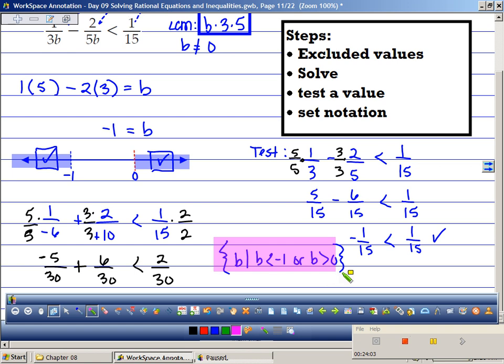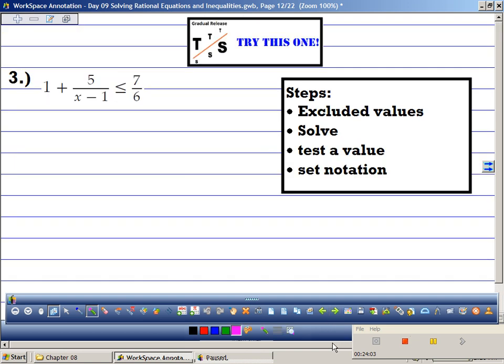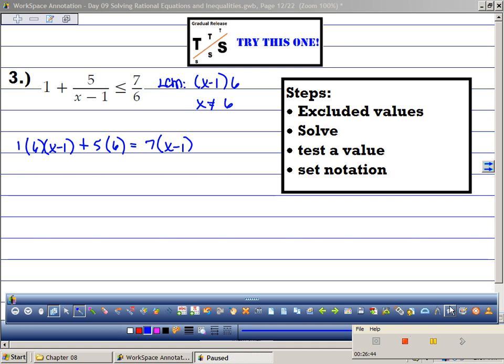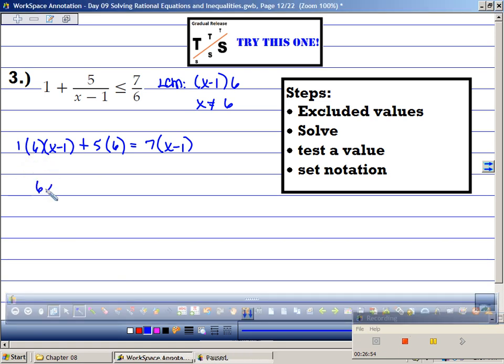Yeah, I'm not denying that it's a lot of work. You guys ready to do one? Try it. So, here is my beginning. Did you start it correctly? So I'm going to distribute now. I've got 6x minus 6 plus 30 equals 7x minus 7. 6x plus 24 equals 7x minus 7.